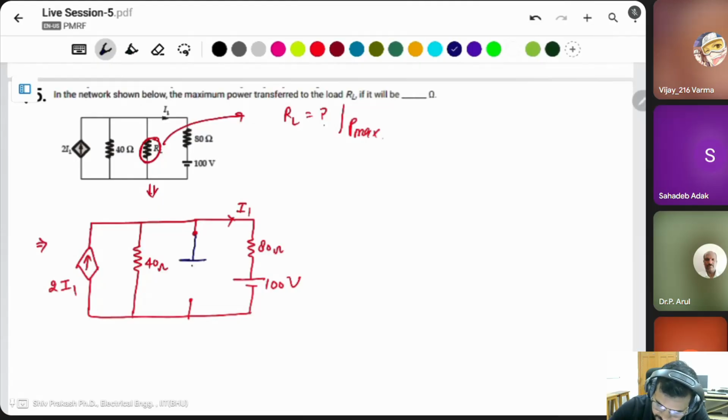This is the V and the current flowing through it is I. You have to find V equals something times I plus something, where the coefficient is the RTH and the constant is the VTH.